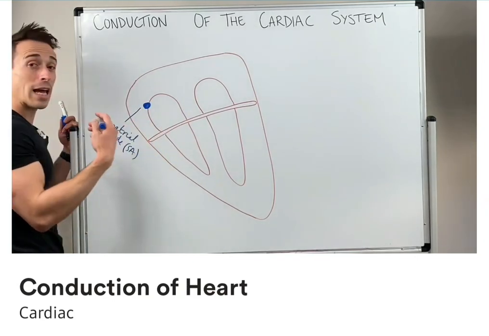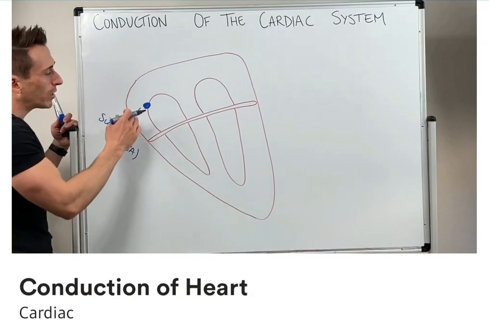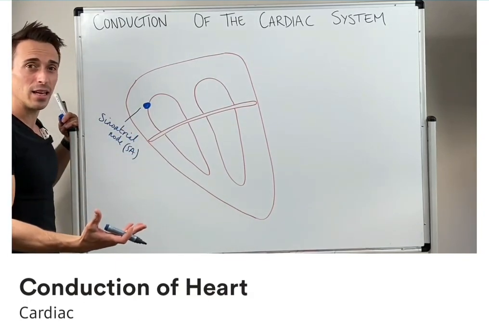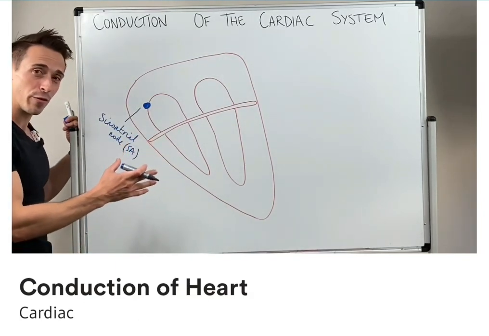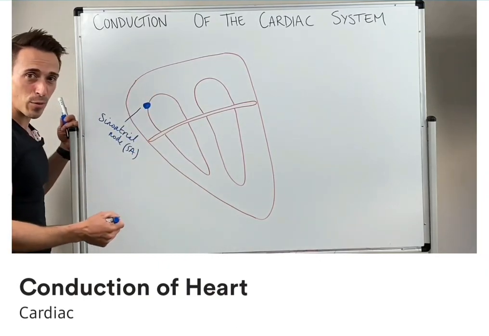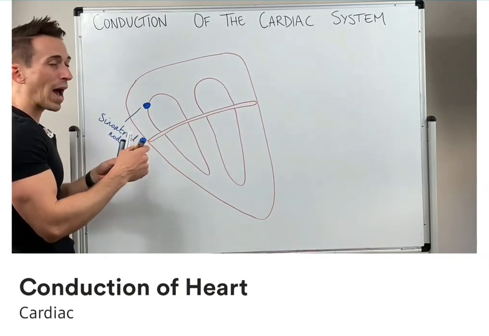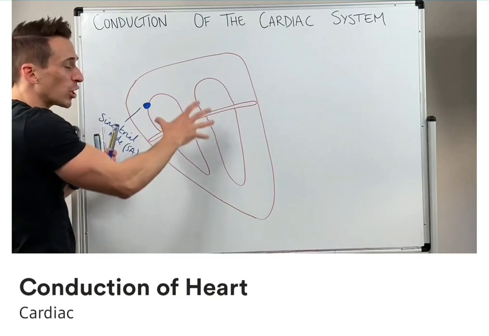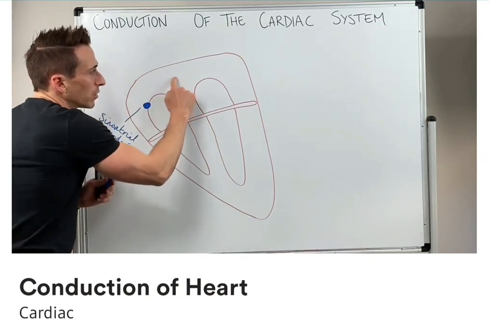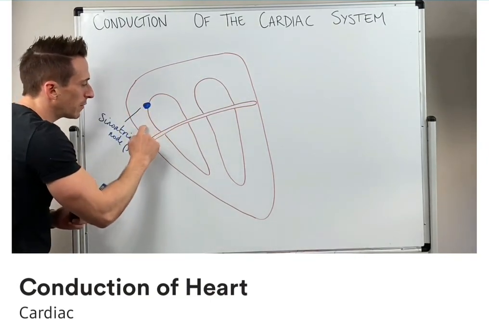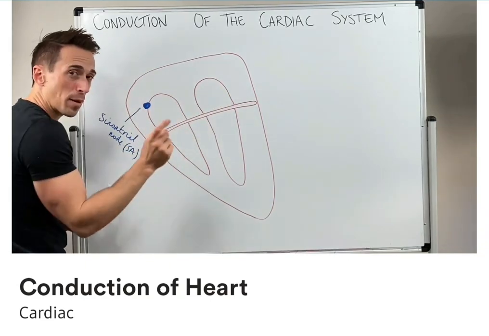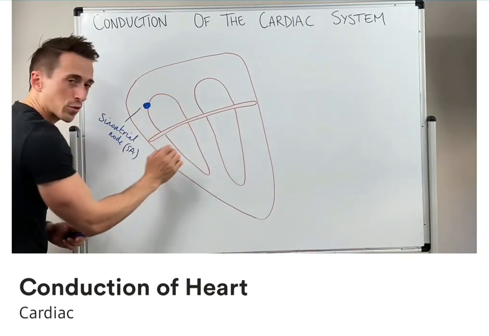Now, at rest, it's negatively charged, but it spontaneously goes positive, like I showed you before. If it spontaneously goes positive, it's going to send a wave of positive charge throughout the muscle of the heart, specifically the muscle of the atria. Remember, 2 atria at the top, 2 ventricles down the bottom.